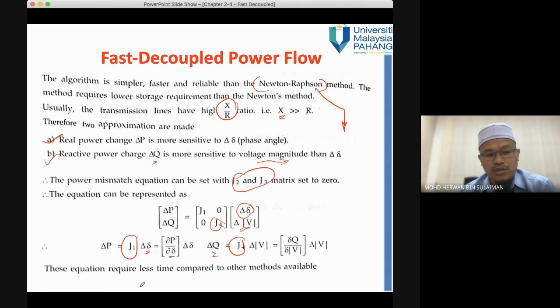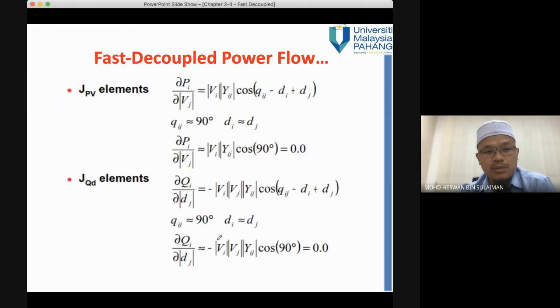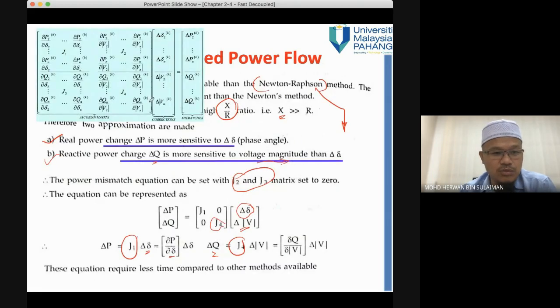Okay, so this equation require less time compared to the other methods. Okay, remember back kita ada Jacobian kan, so we just assume that J2 kosong, J3 kosong. So yang tinggal J1 darab dengan delta theta, and your J4 with respect to voltage magnitude.